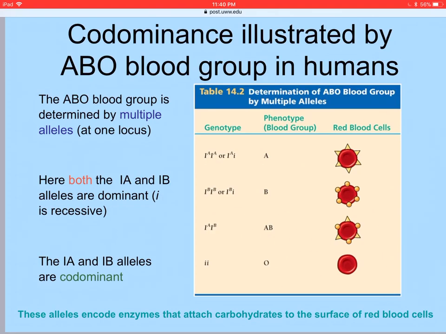If you have an A allele and a B allele, you will be blood group AB. That is the only way that you can achieve that phenotype. And the only way that you can achieve blood group O is to have two O alleles. Okay? So let's take a look at some examples that you might encounter in your problem set.